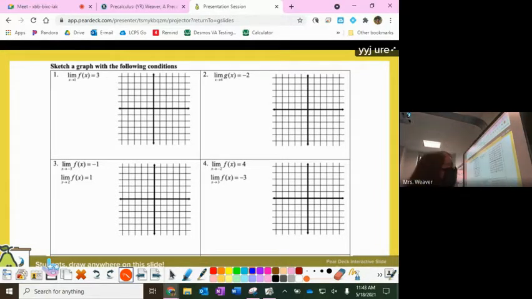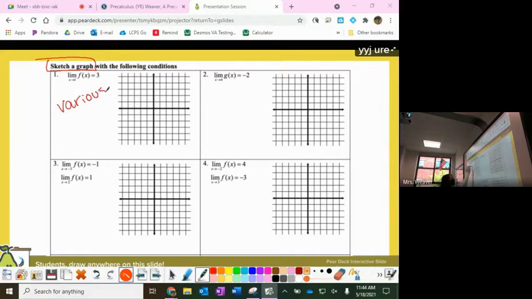Here it says, sketch a graph with the following conditions. We're going to come up with our own graph that would meet this condition. And I want to start by saying there's an infinite number of correct answers here. There are various answers possible for all of these where we're sketching our own graph.